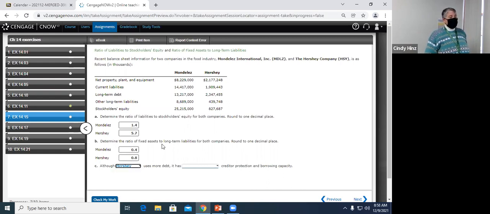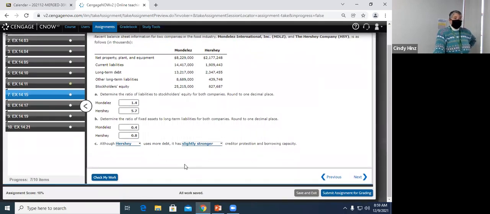However, what we see here with part B is that they have a better, a stronger ratio of fixed assets to long-term liabilities. Again, the higher number there is better. It means more protection. They have more assets available compared to their liabilities than does Mondelez. So it has better, slightly stronger creditor protection and borrowing capacity.